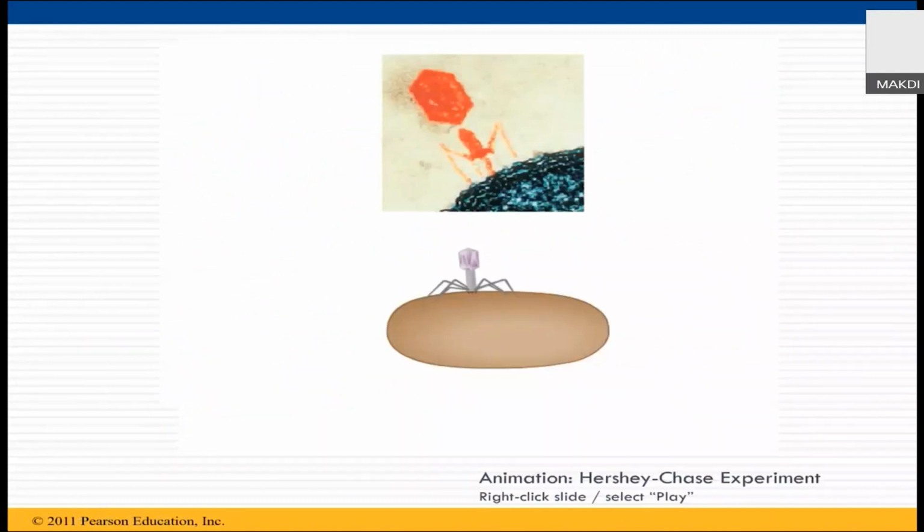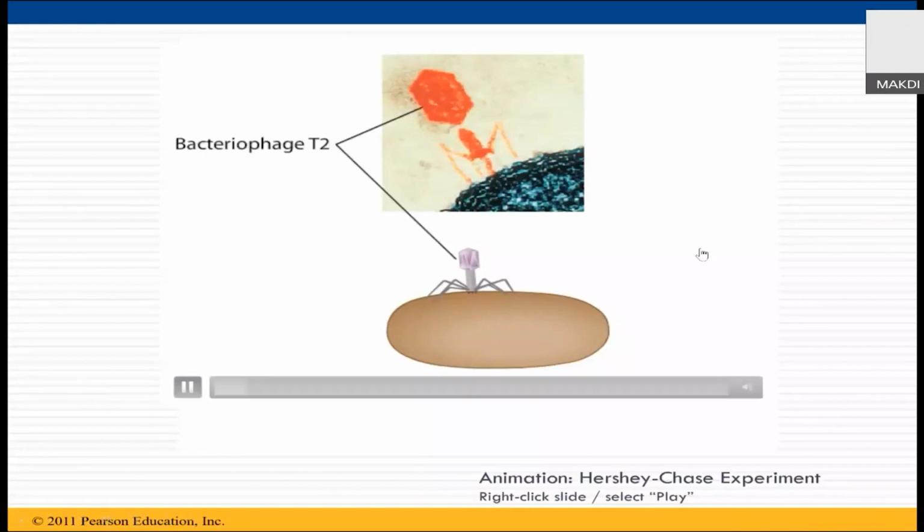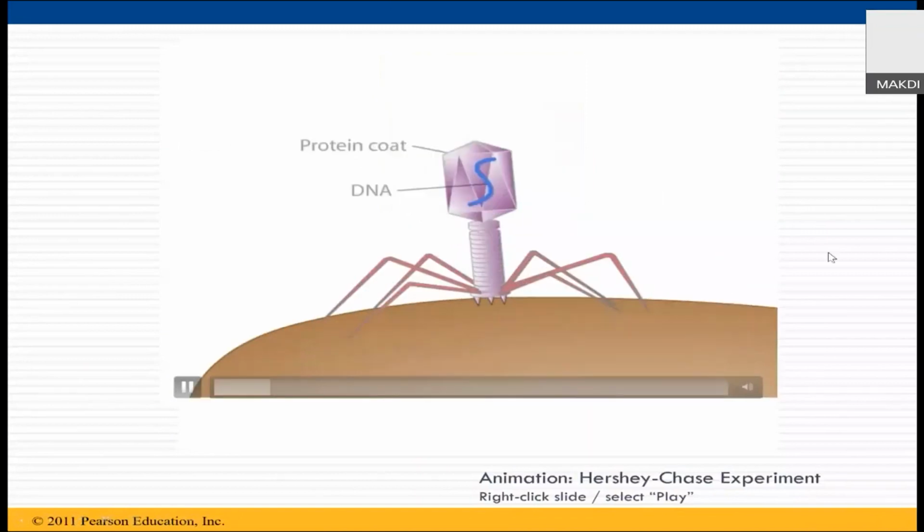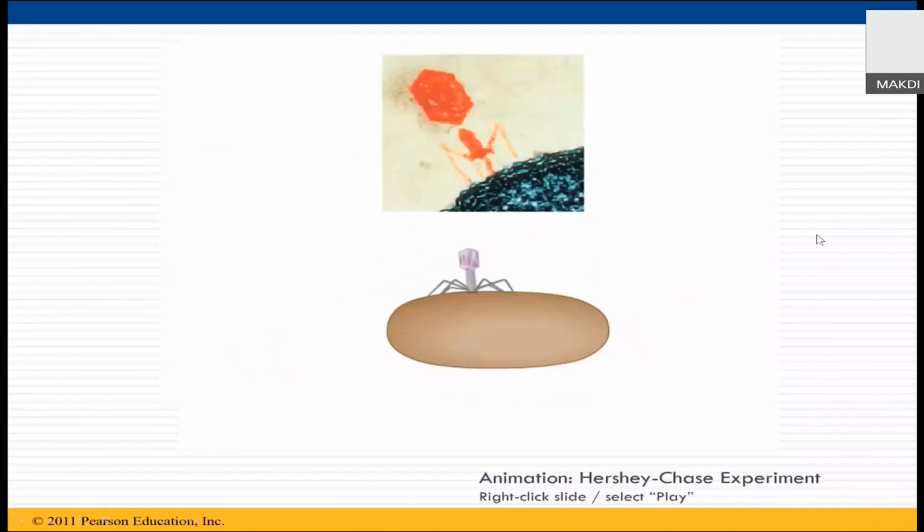The Hershey and Chase experiment was based on the biology of a virus called bacteriophage T2 that attacks a bacterium. The virus consists of a DNA core packed inside a protein coat. Part, but not all, of the virus enters the bacterial cell.